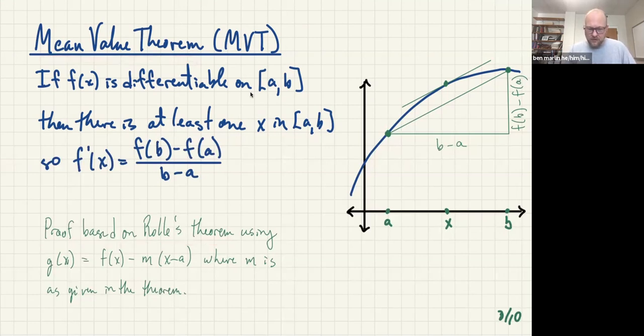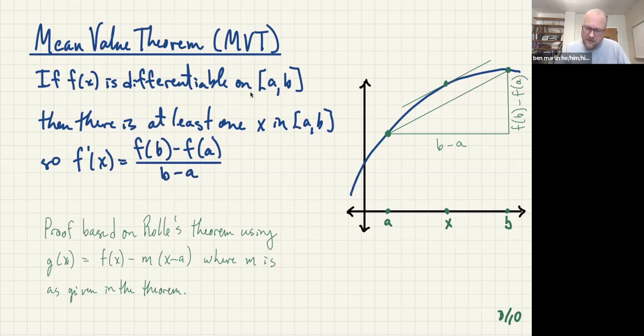Somebody took Rolle's theorem and made a new function, which was f of x minus m times x minus a, and used that to actually show this result here. So it's not that Rolle's theorem is a special case, it's that the mean value theorem is an extension. So that's a purely academic sort of distinction here, I suppose.